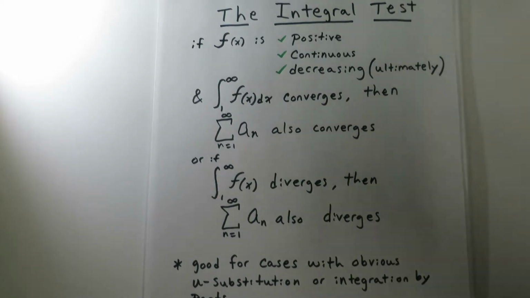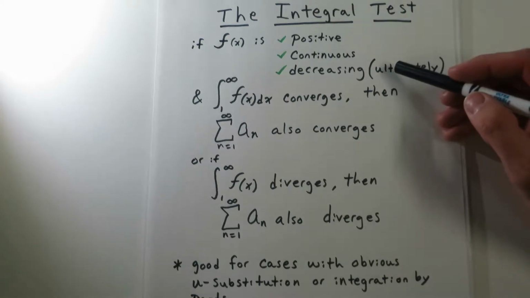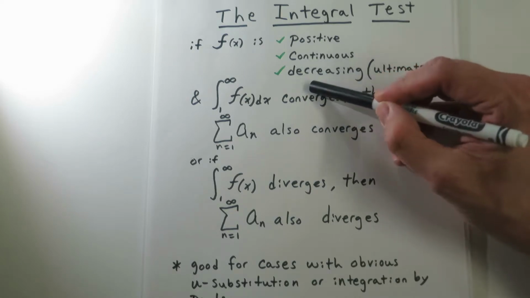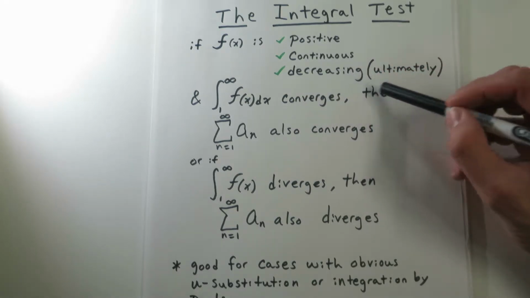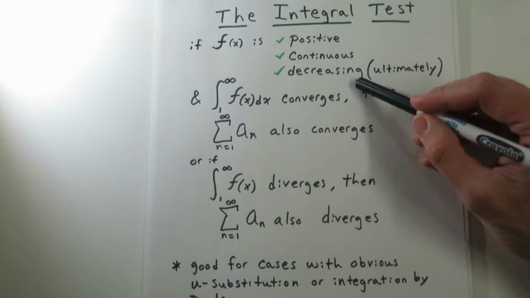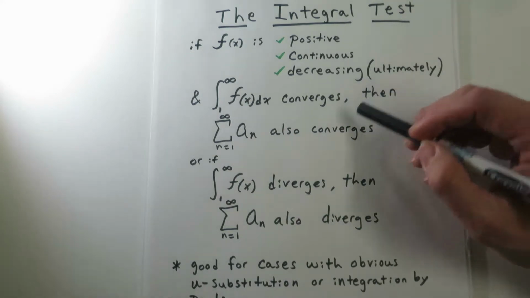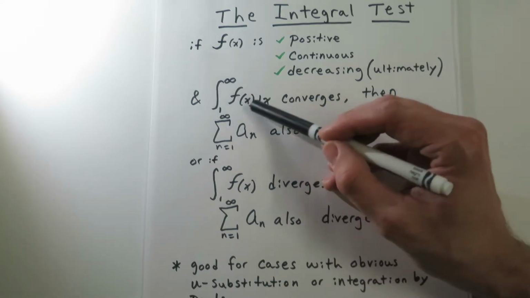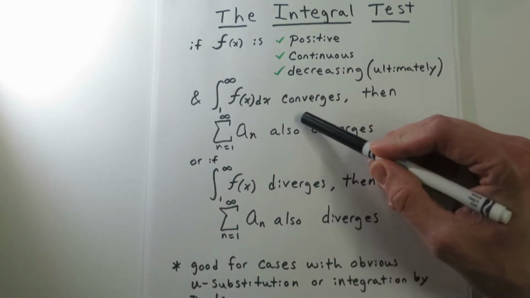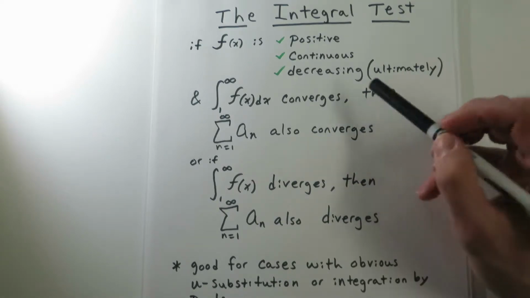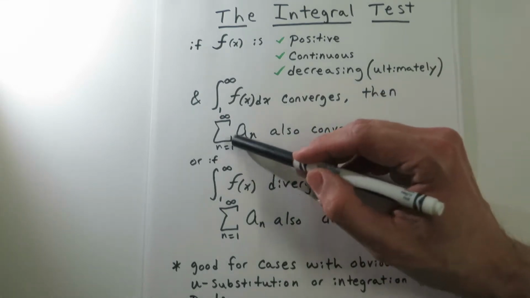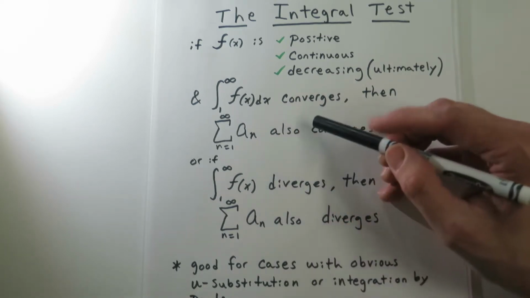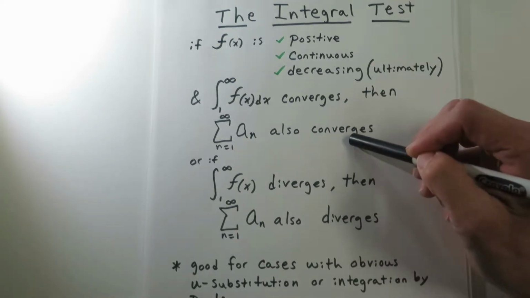Our integral test tells us that if we have some function f of x which is positive, continuous, and decreasing, not immediately decreasing but at least ultimately decreasing, it is going down, and the integral to infinity of f of x dx converges, then the series to infinity of some a sub n that's related to the f of x also converges.